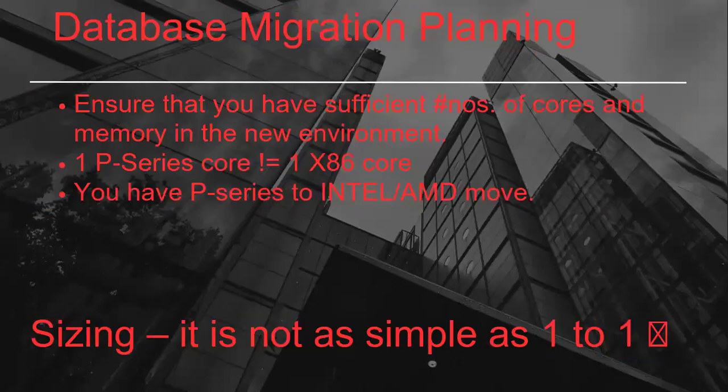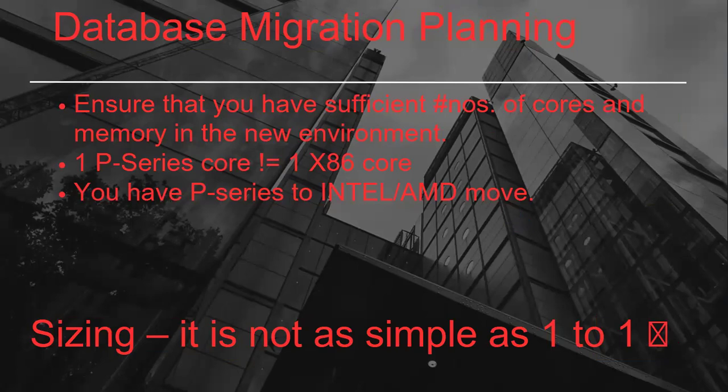So starting with data migration planning from the agenda, the first thing we have to ensure is that we are basically replacing apple with apple. What I mean by apple with apple is that what you have on machine X must be on machine Y. But a big but here: one P series core is not equal to one x86 core.